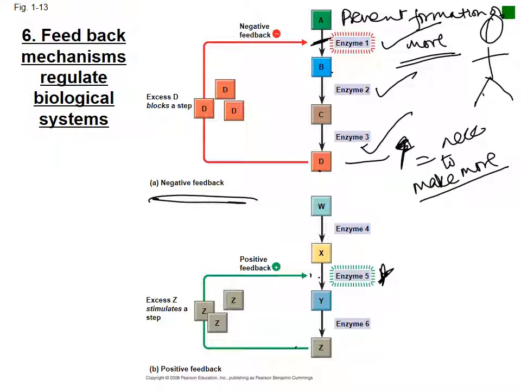So this final product D will go and block this reaction, negatively. So he will prevent formation of more. Okay, so that is why it is called negative feedback. Okay, so that's one.